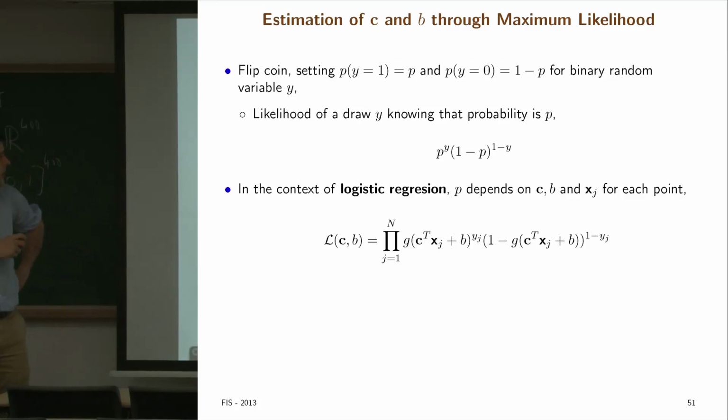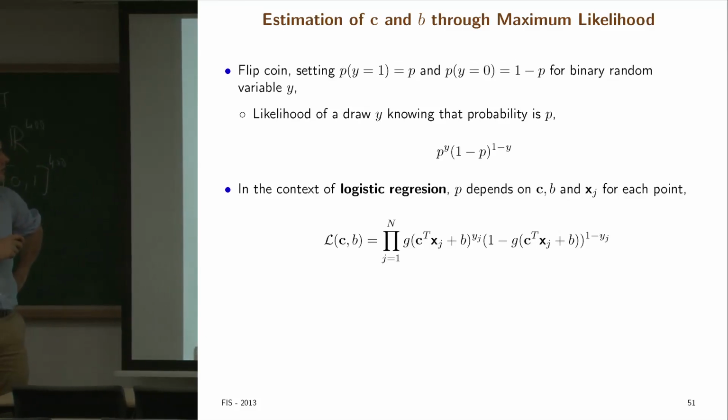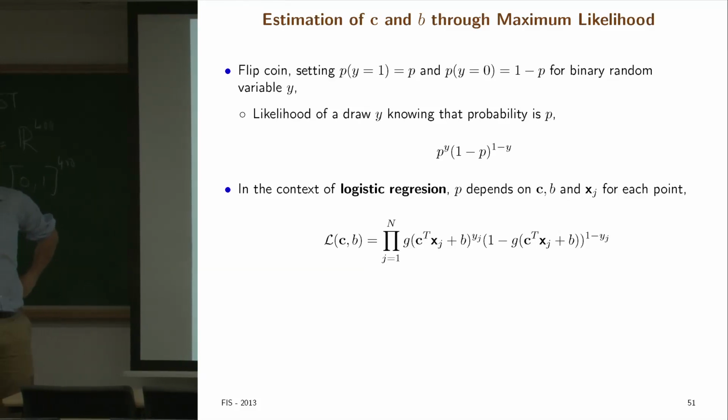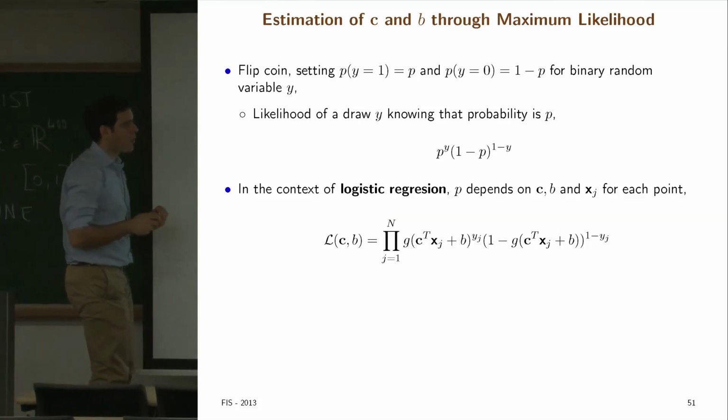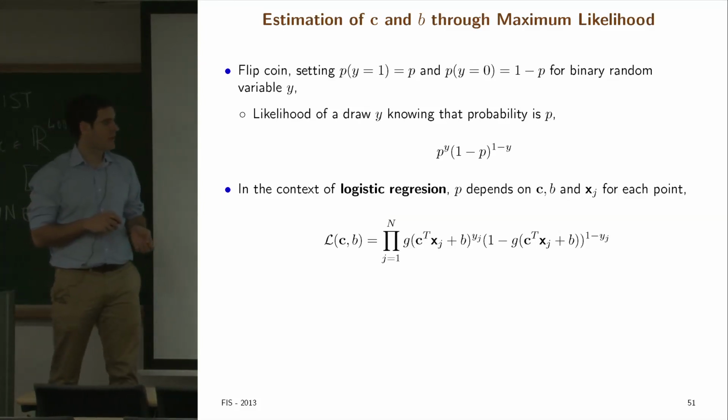Imagine that you're flipping coins, and you set the probability that the coin is a head, or y equals 1, to p, and the tail is 0. Sorry, P(y=0) is 1 minus p. So it's a binary random variable. What is the likelihood of a draw y, knowing that the probability of y equals 1 is p, and of y equals 0 is 1 minus p?